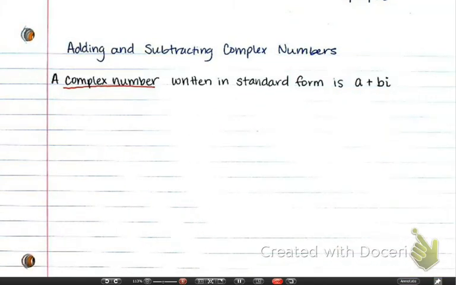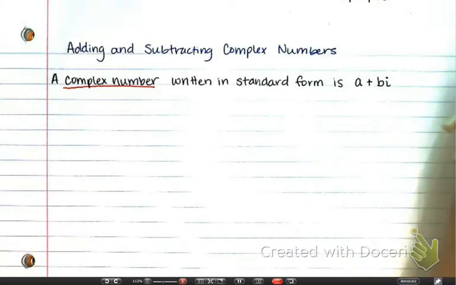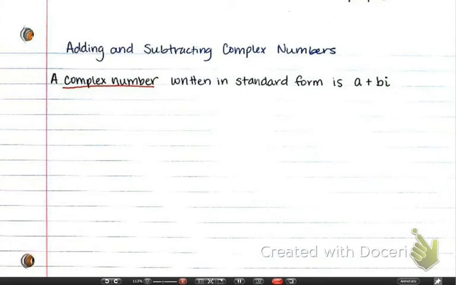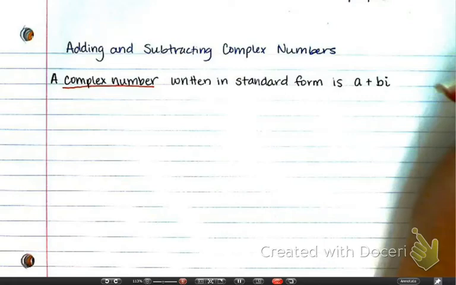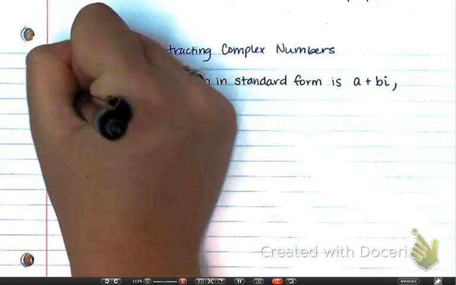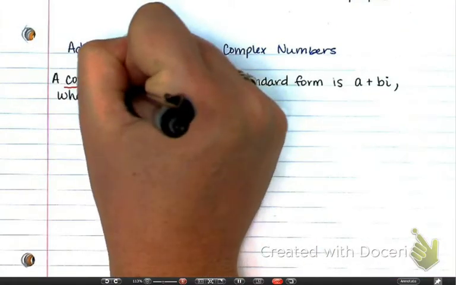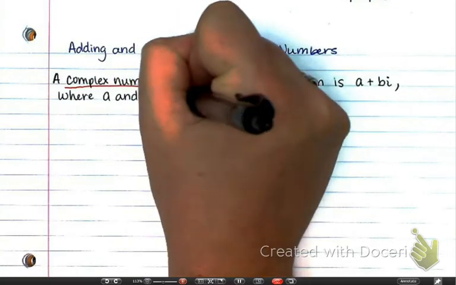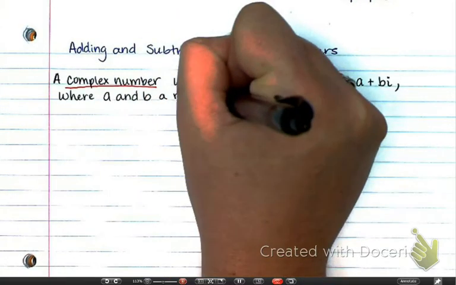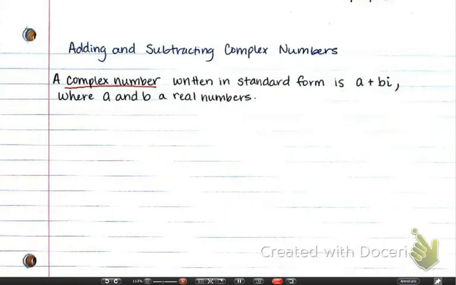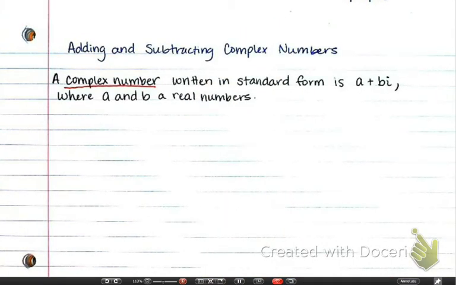Do we remember what that I stands for? Imaginary. So that I is imaginary. So A plus BI, where A and B are real numbers.